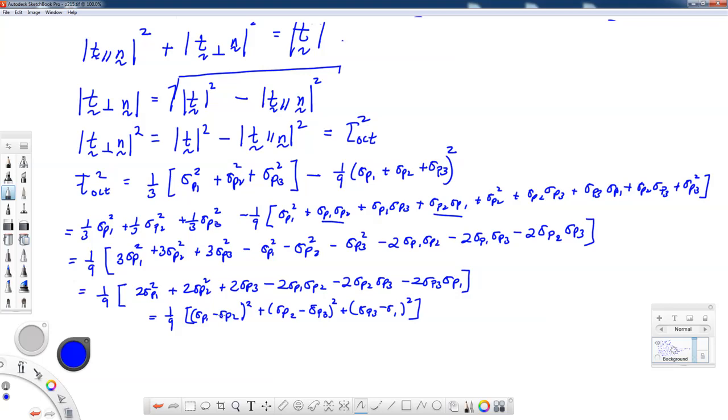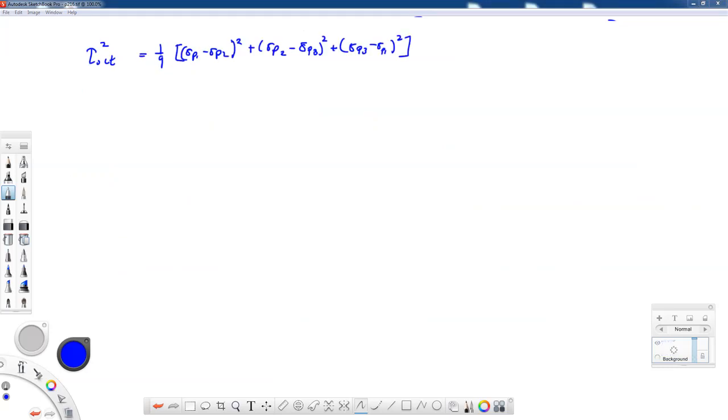This factoring comes from sigma p1 minus sigma p2 quantity squared plus sigma p2 minus sigma p3 quantity squared plus sigma p3 minus sigma p1 quantity squared. And that should start to look familiar. Let me make a little bit of room on the next page.